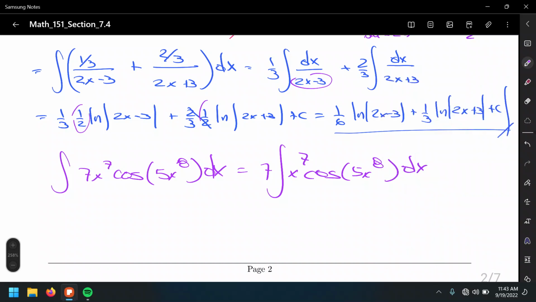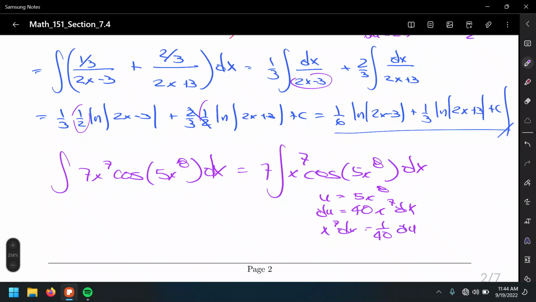This is what we did with the logs and the exponentials and cosine that I did before. But this is not that simple. This is a little bit more elaborate. In a situation like this, yes, show that you did use substitution. So u equals 5x to the 8th, du equals 8 times 5, that's 40, x to the 7 dx, and x to the 7 dx equals 1 over 40 du.